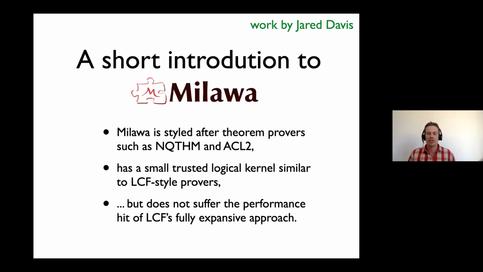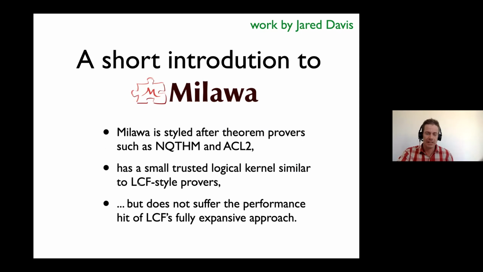So a short introduction to Milawa, and this is work by Jared Davis, his PhD work. Milawa is a proof checker that is styled after theorem provers such as NQTHM, also known as the Boyer-Moore prover, and ACL2. But unlike these two provers, it has a small trusted logical kernel similar to LCF-style provers.